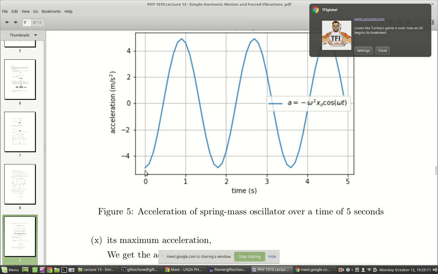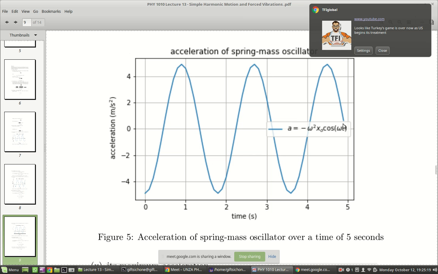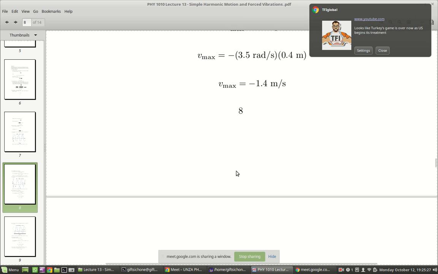So basically it becomes the opposite of this thing. It flips upside down like this, and that's how your acceleration is going to change.